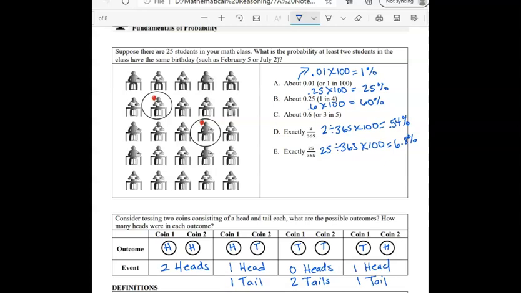Because there's 365 days in a year. If I were sitting in this class, I would probably guess 2 out of 365 if I didn't know, because we know there's 365 days in a year, and those two people have to have a birthday, so that would be 2 out of 365. Is that right? 0.54%? What do you think?